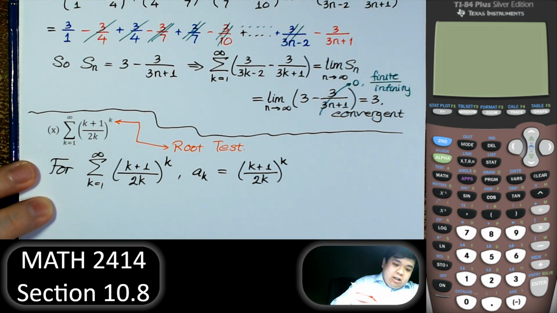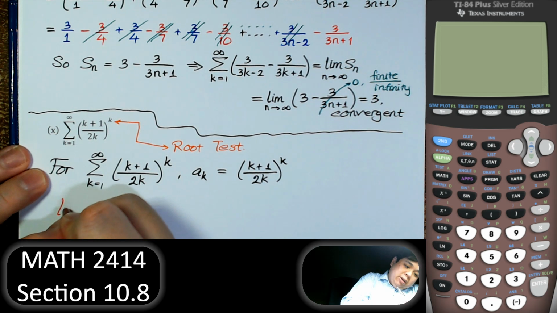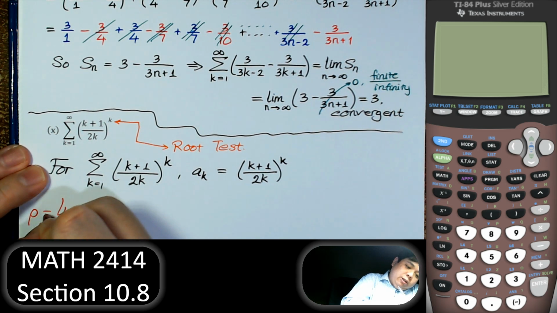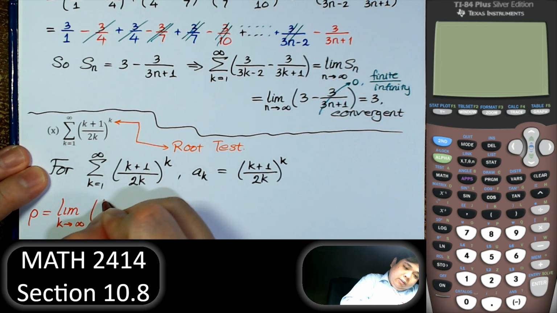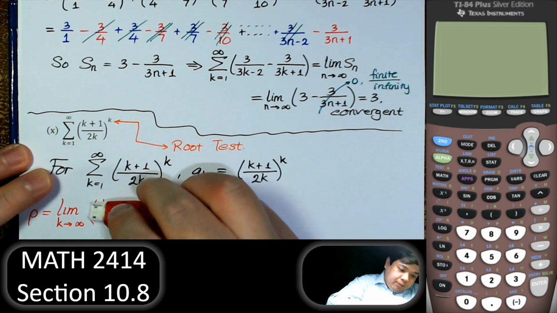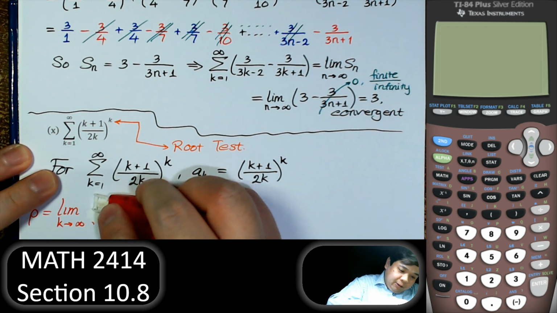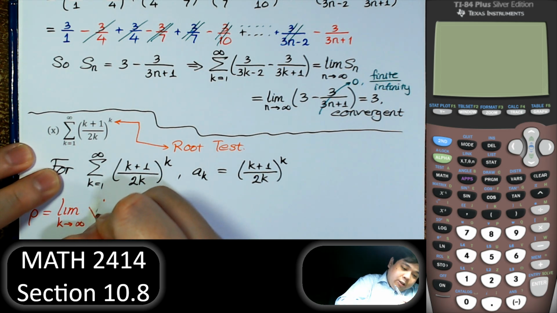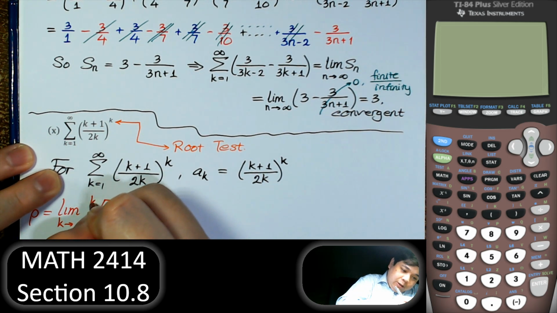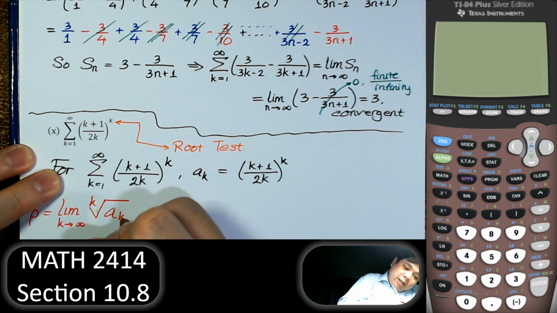And for the root test, we take the limit. Let rho be the limit as k goes to infinity of the root of h of k.